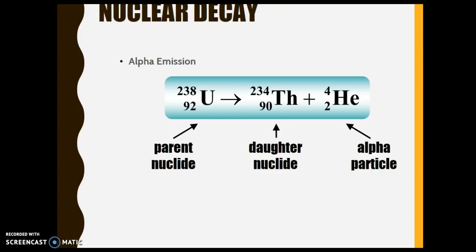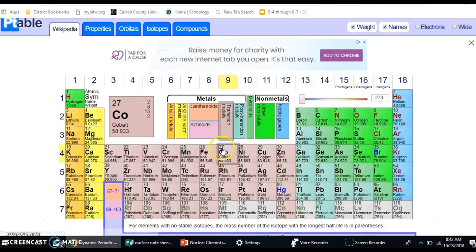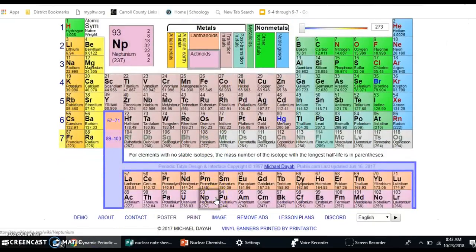All right, so a few more examples of these different types of radiation. So this is through alpha emission, and the isotope that is unstable is uranium. On your periodic table, it's 92. So let me pull up a periodic table real quick. So uranium is actually down here. Here it is, uranium 92.